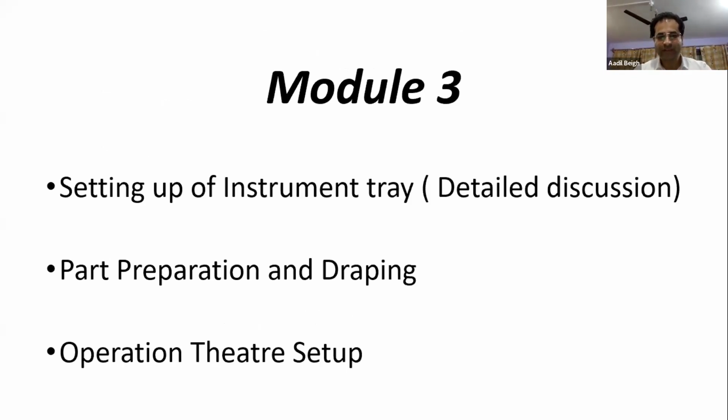Module three will consist of setting up the instrument tray. We'll have a detailed discussion on the instruments used, their parts, how and what they are used for, how the part is prepared, how the draping is done for the AV fistula patient, and how to set up an operation theater for AV fistula creation.